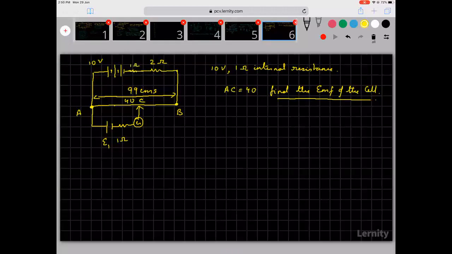So let the resistance of this 99 centimeters be equal to some R. So can I say the current I is equal to 10 divided by 3 plus R?